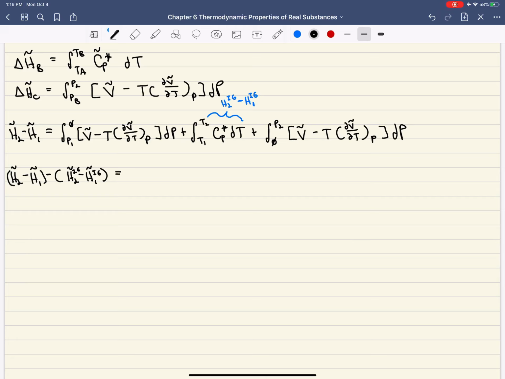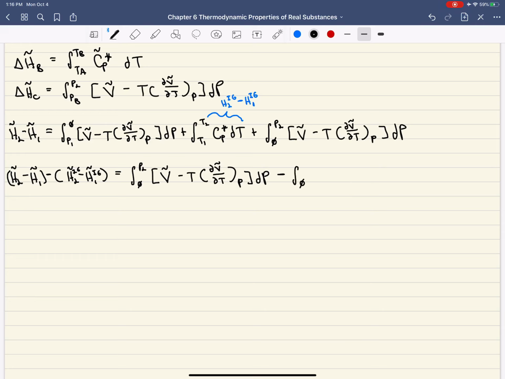So on the right-hand side, what we're left with, I'm going to rearrange this a bit, is I'm going to write the delta HC term first. And then I'm going to write the delta HA term second, but I'm going to write the negative of it.